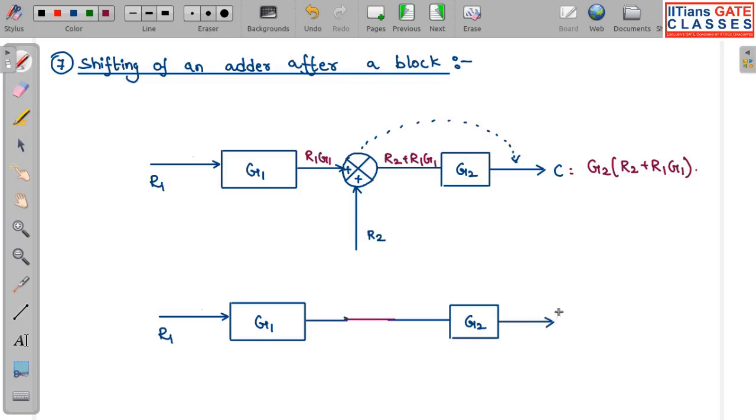If I take the adder over here, now this will be C and this is R2. This is R2, this is R1. So this will be G1 G2 into R1, and this is R2 plus G1 G2 R1.